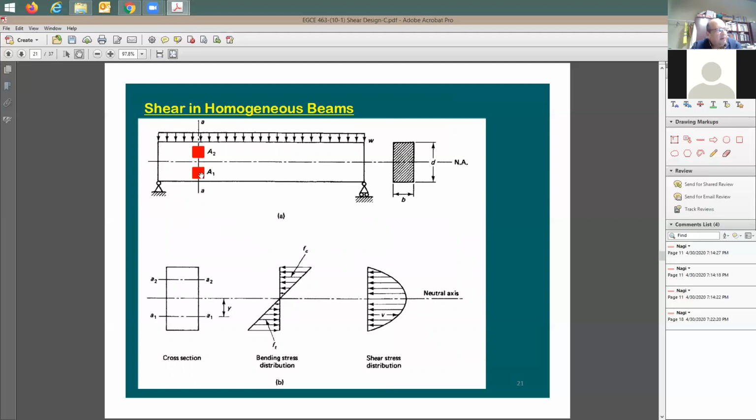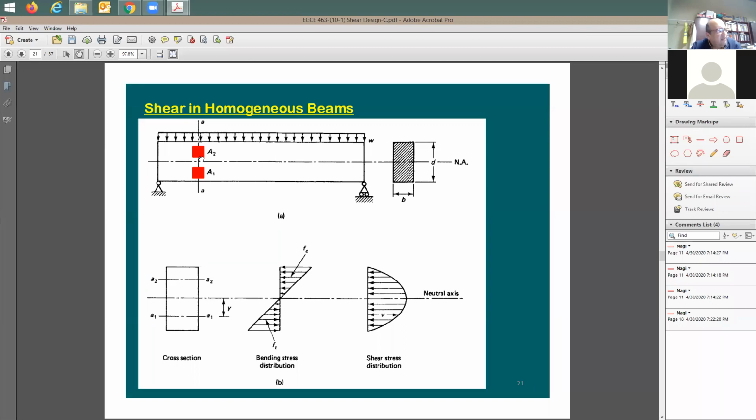How do I know which is in tension? If you draw the stress distribution of the normal force in the x direction, it's going to look like this. Compression is at the top, and the bottom is going to be exposed to tension. Which means A1 in the x direction is going to be exposed to tension, and A2 is going to be exposed to compression in the x direction.